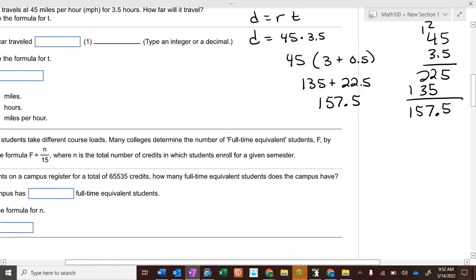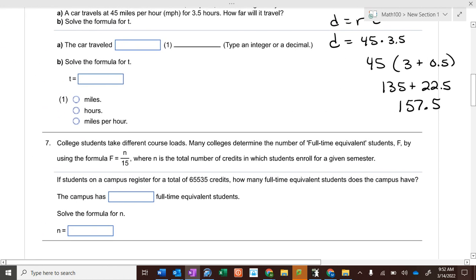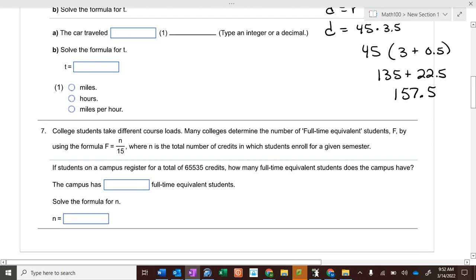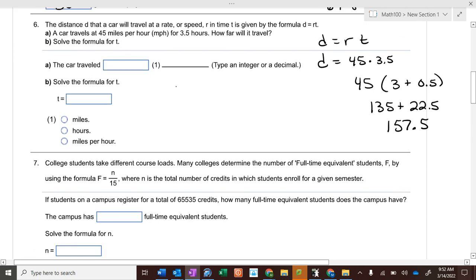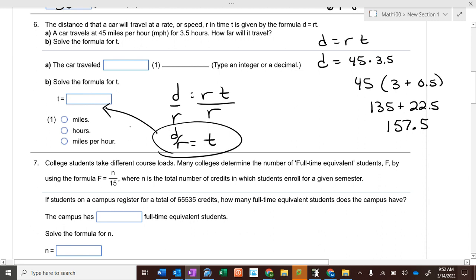Either way, you got 157.5. Okay? Now it says solve the formula for T. If D equals RT, to get T alone, what do we do to each side? Divide by R. So T equals D over R. Okay, that goes in there.